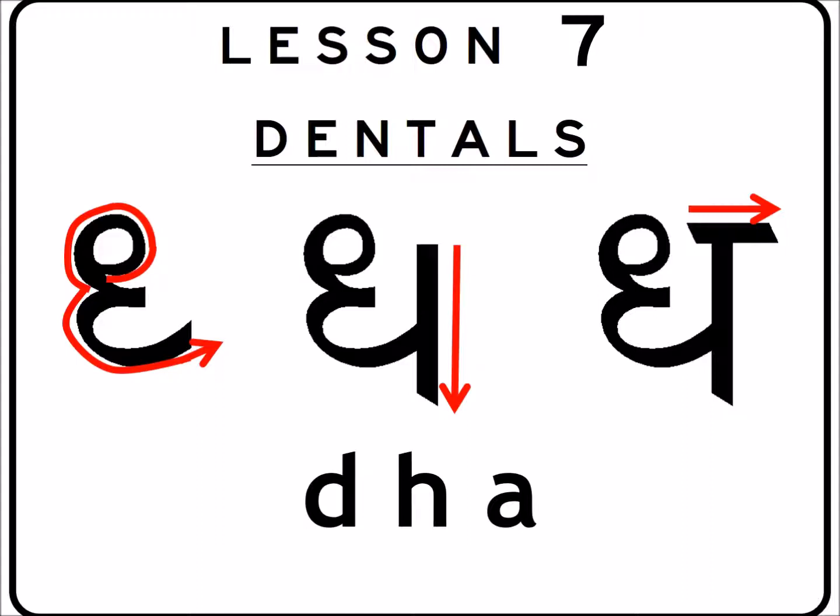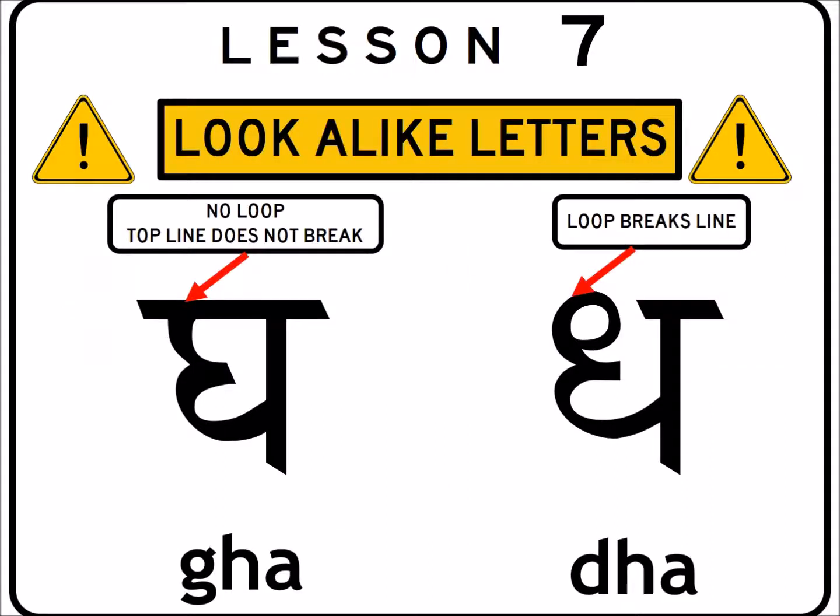Now, very important that, just like with the letter tha, the hoop or the big loop on the top of the letter breaks the crossbar. You don't draw the line through it or anything like that. It has to be breaking the crossbar. And also be very careful. This is very easily confused with the letter gha.